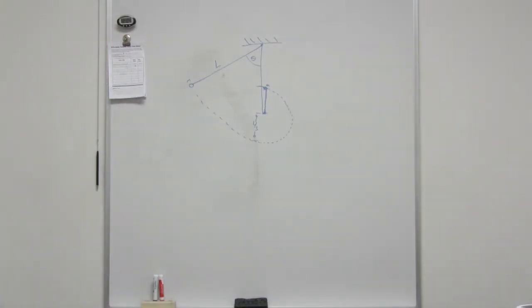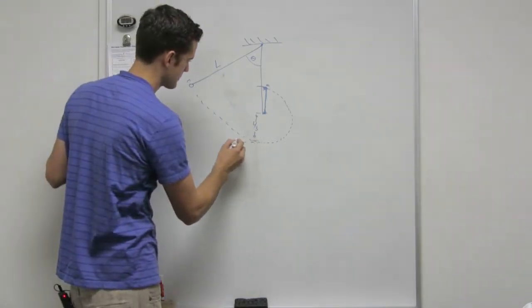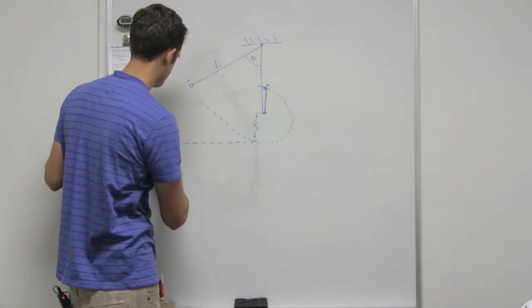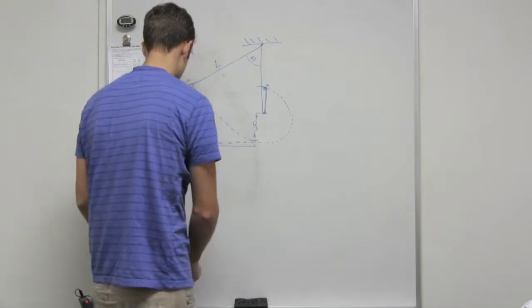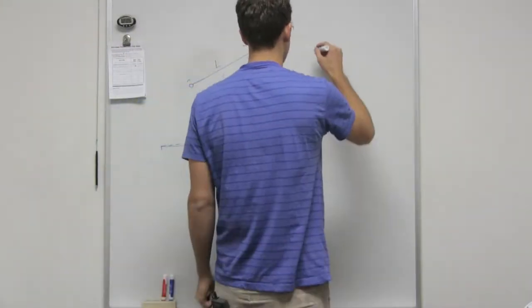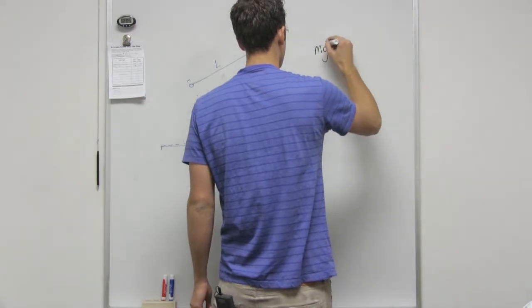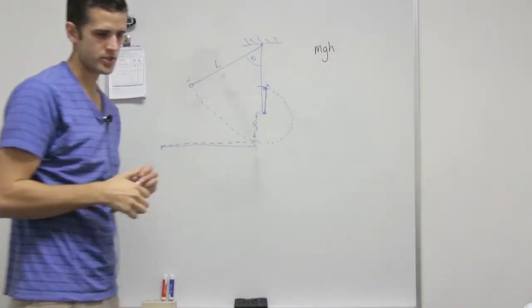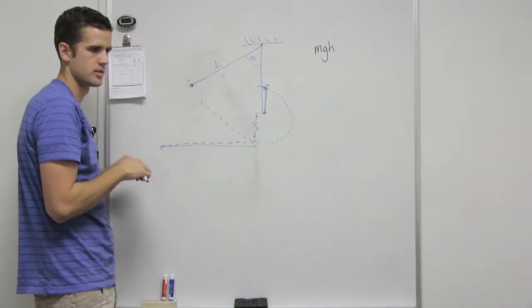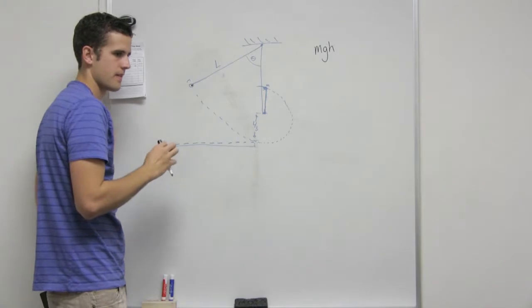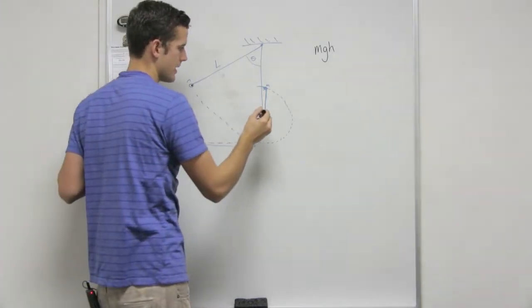So we know that at the first point we have all potential and no kinetic, and at the second point we have kinetic and potential. My first point is before I let it go. My second point is at the kick, here.